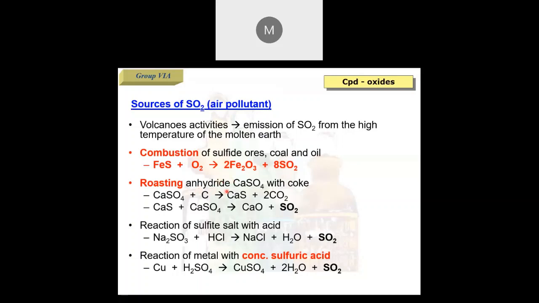Roasting of anhydrous calcium sulfate with coke can also form sulfur dioxide. Reaction of sulfide salts with acid can also form sulfur dioxide, and so can a reaction of metal with concentrated sulfuric acid. So these are some of the sources of air pollution.